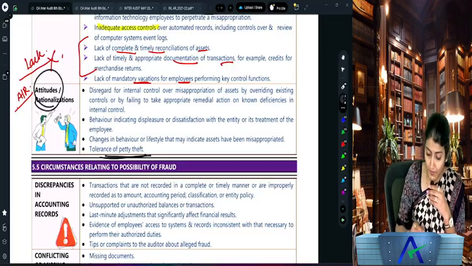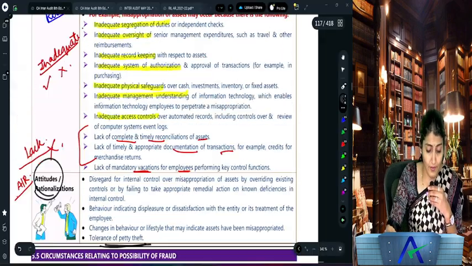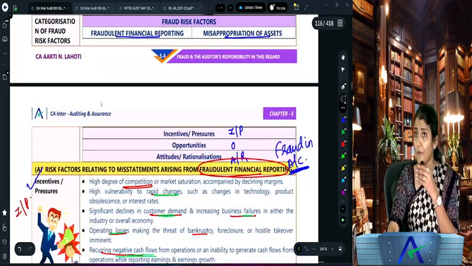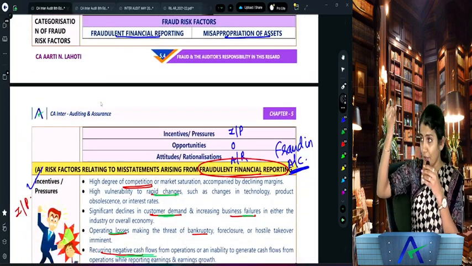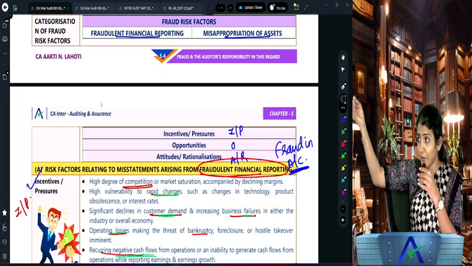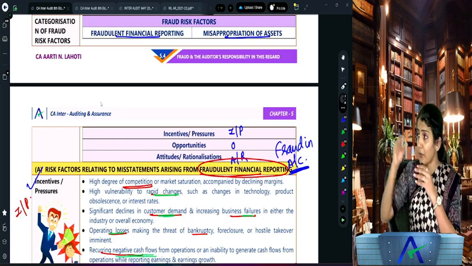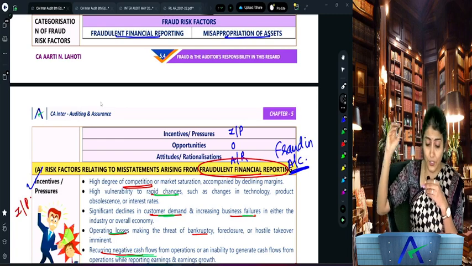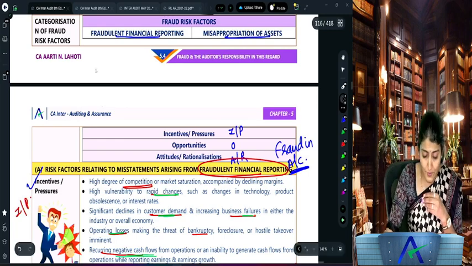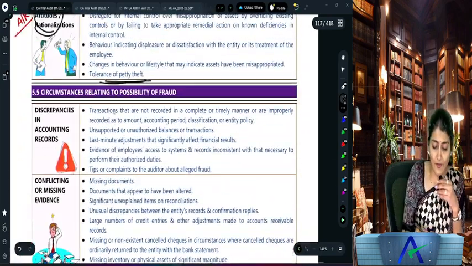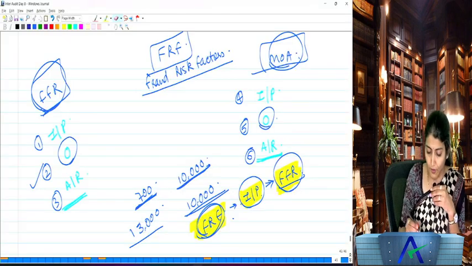So what we are talking about here is the 1, 2, 3, 4, 5, 6: incentive, pressure, opportunities, attitudes, rationalization, for fraudulent financial reporting and for the misappropriation of assets. And then one last question for discussion is the circumstances relating to the possibility of fraud.